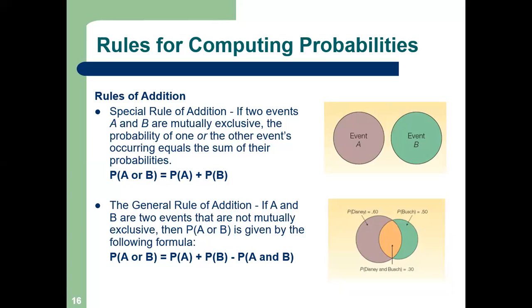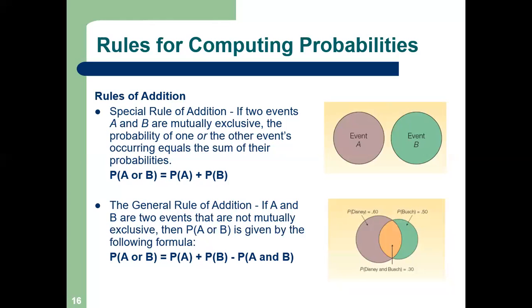So probability of A or B is equal to probability of A plus probability of B. I will explain this in detail in the next example.